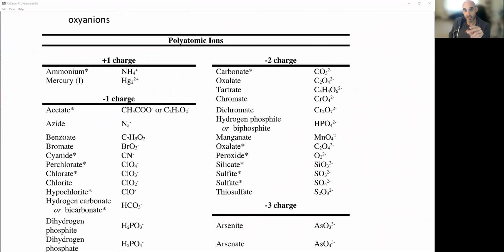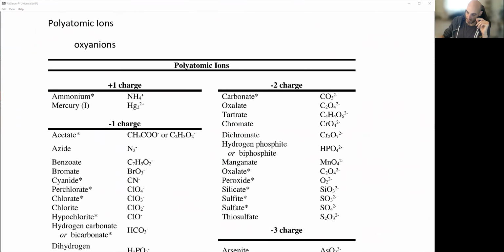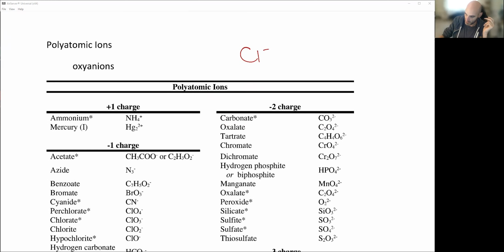Polyatomic ions are ions that act as if they're atoms or ions. So, I can say chlorine forms a -1 charge. Well, we also have all of these other versions of it. Carbonate forms CO3 2-. That's what it looks like.